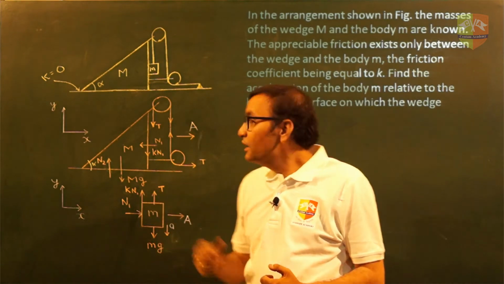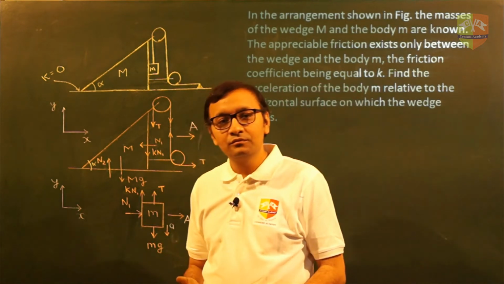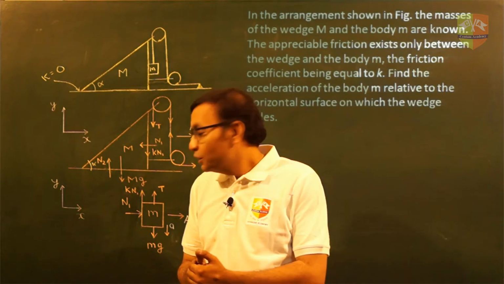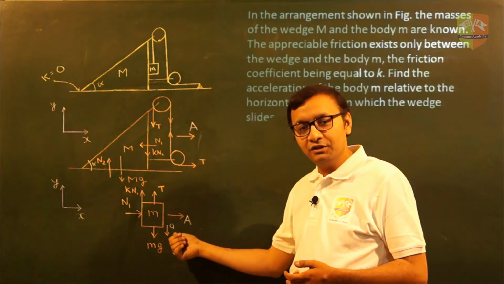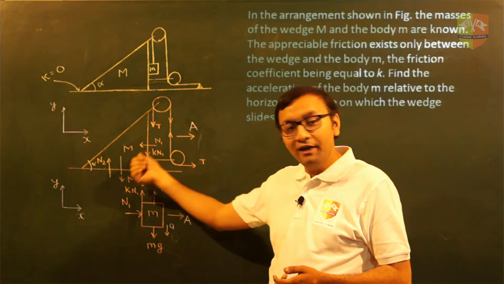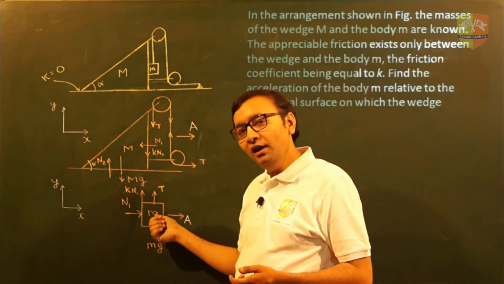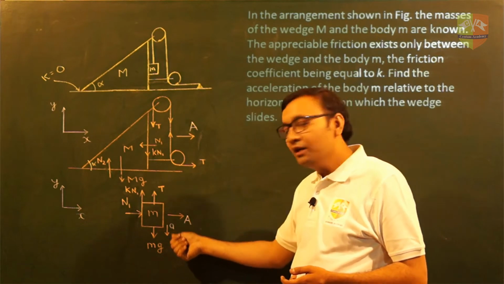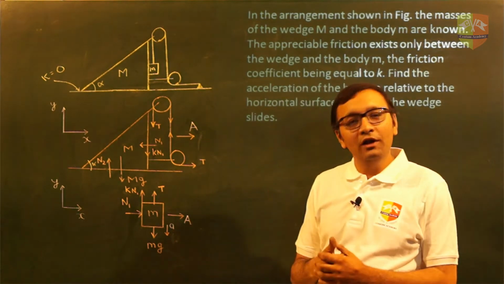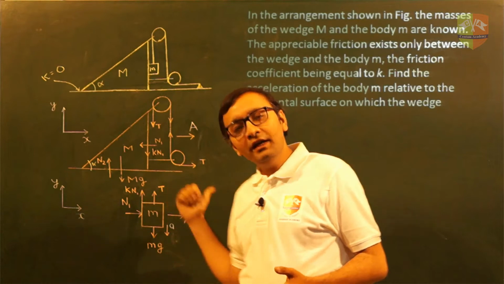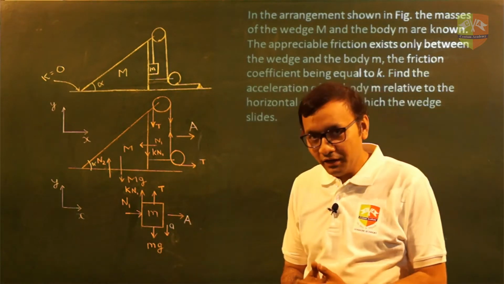Along with that, small m is coming down, right? So small m will have two accelerations. Let us call the acceleration of the wedge capital A, and then we can show the acceleration of small m has one component downward, let us call this small a, and one on the right hand side, let us call that capital A, right?